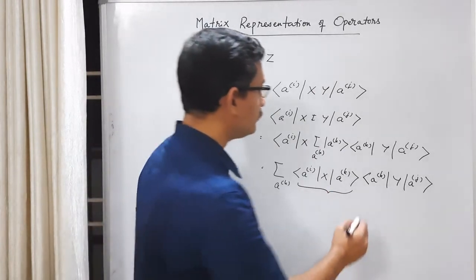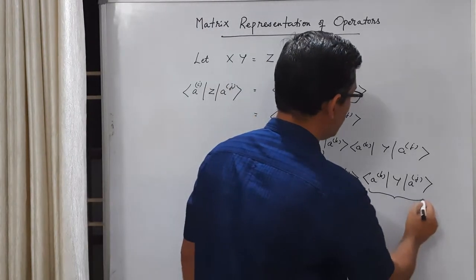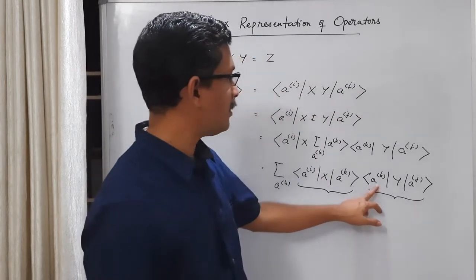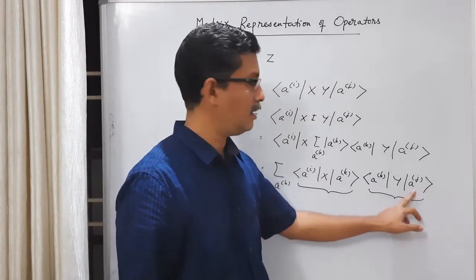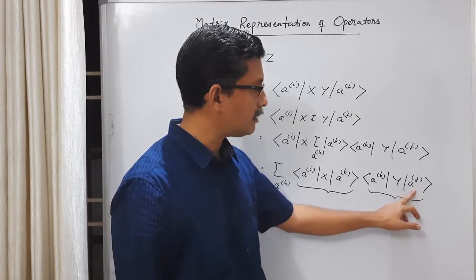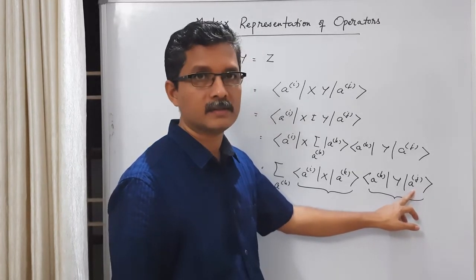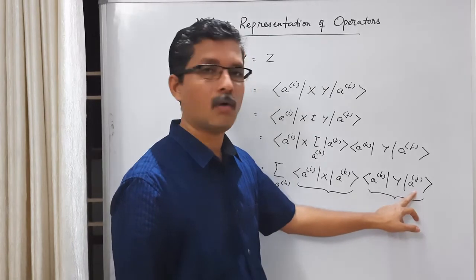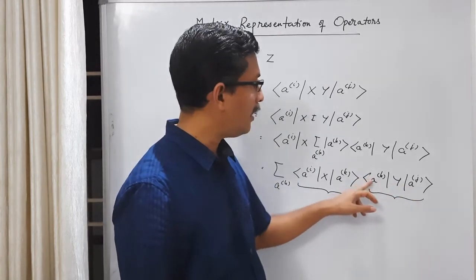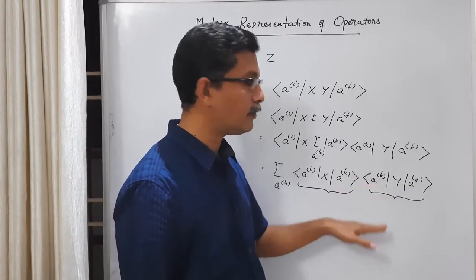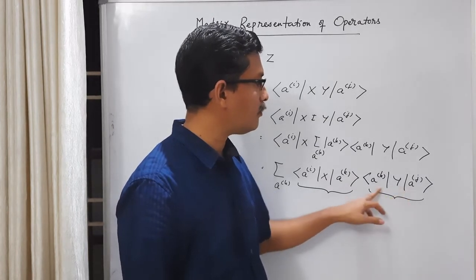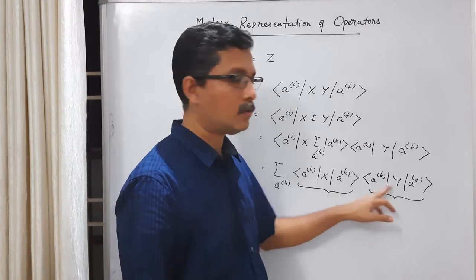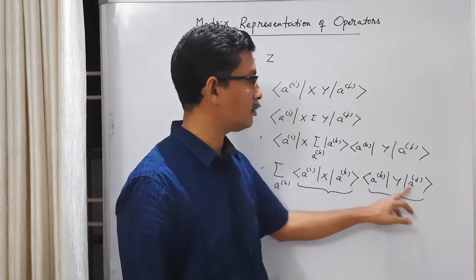And what about here? Here there is summation over AK, but there is no summation over AJ. That means J is fixed. But the second ket vector on this side, it's a column index. So this is the jth column, and we are considering A1, A2, A3, different n elements. So this A1 means jth column, first row; jth column, second row; jth column, third row.